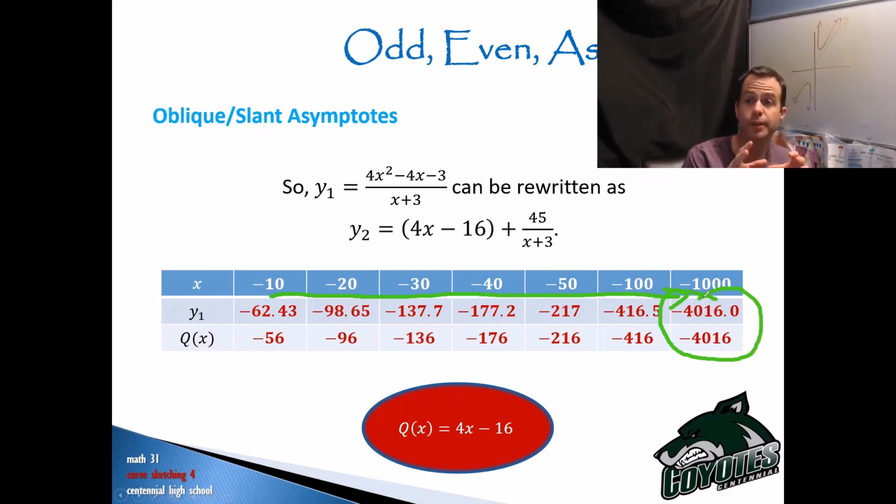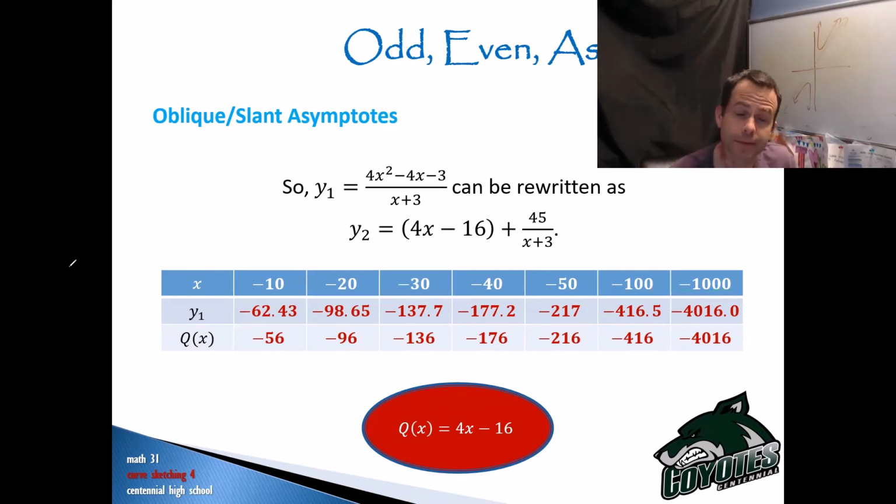They weren't the same thing at the beginning, but they become closer and closer to each other as we get to much farther away values for x. So the output of y1 and q of x become the same thing. Well, that's interesting.